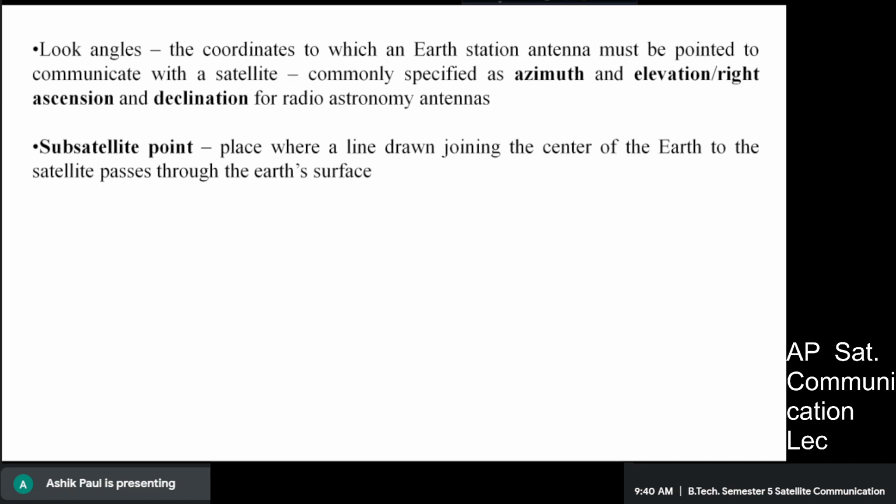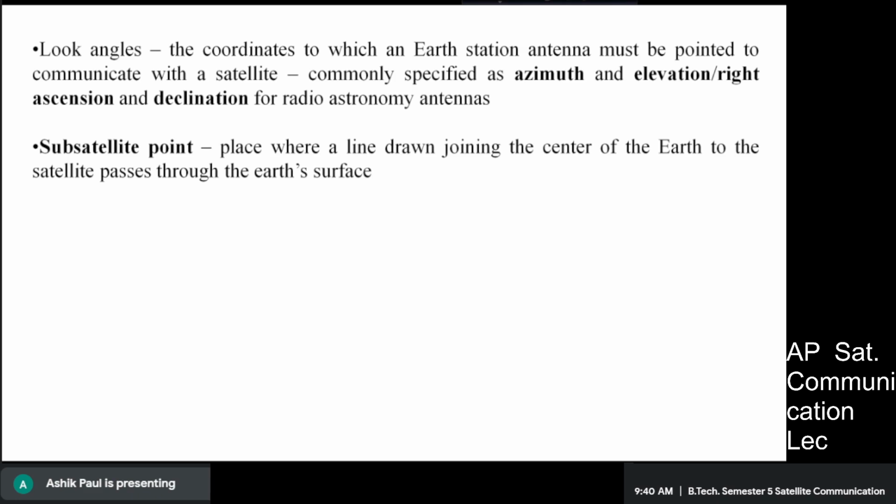So the coordinates could be a pair like azimuth and elevation, or right ascension and declination. But right ascension and declination is commonly used for radio astronomy applications, not so much for satellite communication. We had defined already the right ascension and declination.